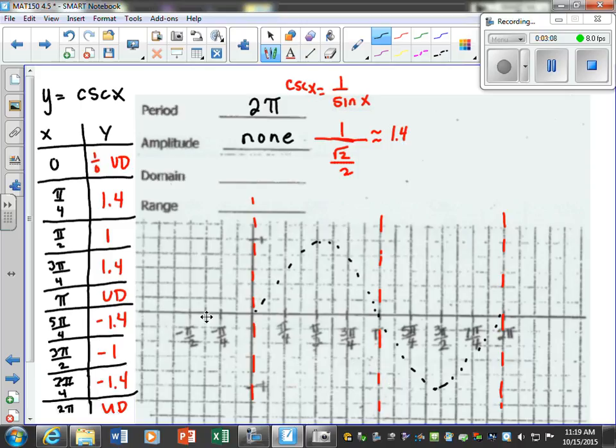So first of all, let's go to pi fourths and about 1.4. Pi fourths here at 1.4, we're going to be a little bit off the graph, but now let's do pi halves is at 1. So I go over to pi halves up to 1. 3 pi fourths over here is approximately 1.4.